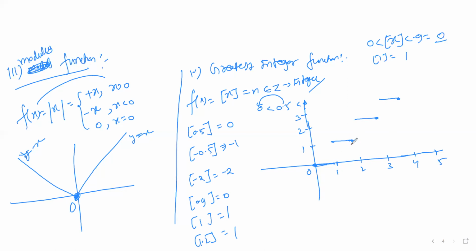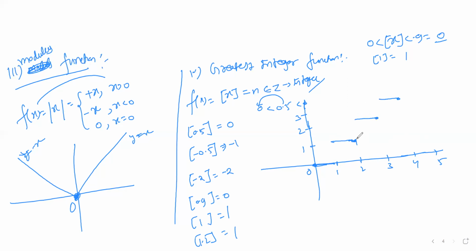And this greatest integer function is discontinuous at the integers, like at 1, 2, 3 or 4. But it is continuous from 0 to 0.9, or 1.1 to 1.9, or 2.1 to 2.9.